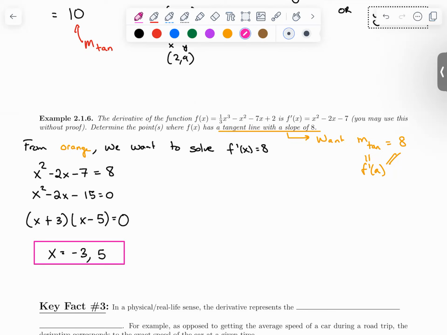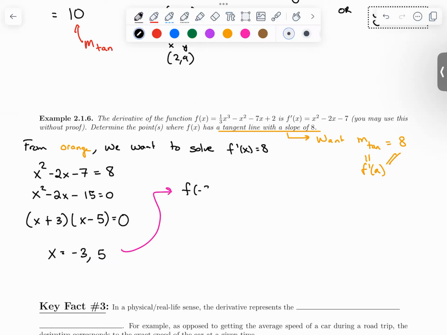Very close. Those are the x values. The question is asking for the points. So we need to find the corresponding y values by plugging them into the original function. So, classic John Doe. Silly kid.